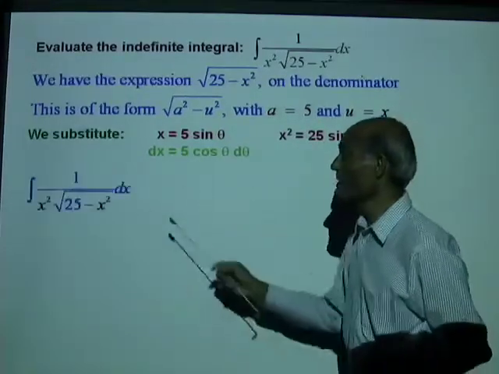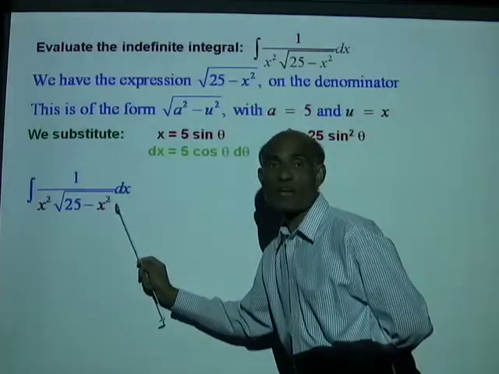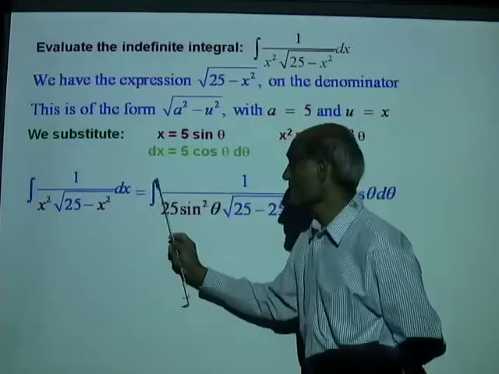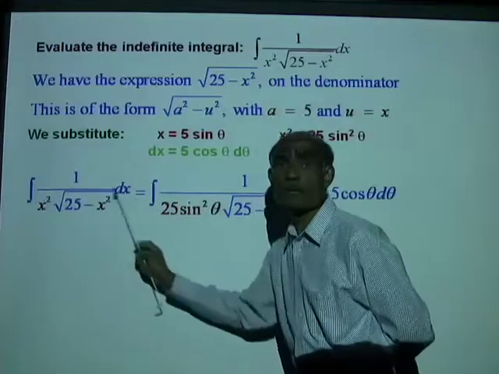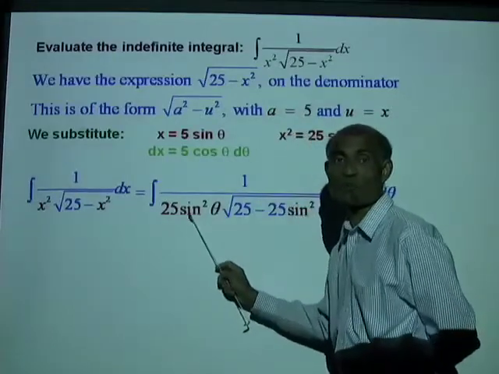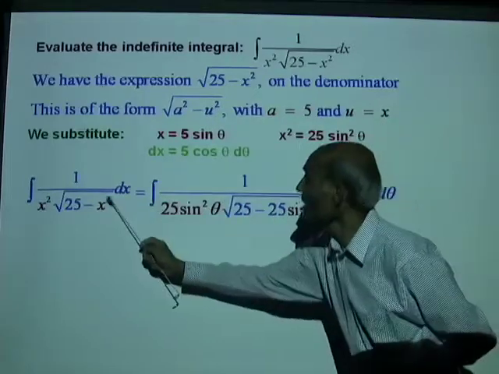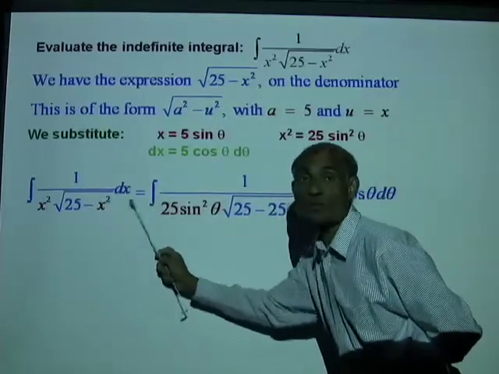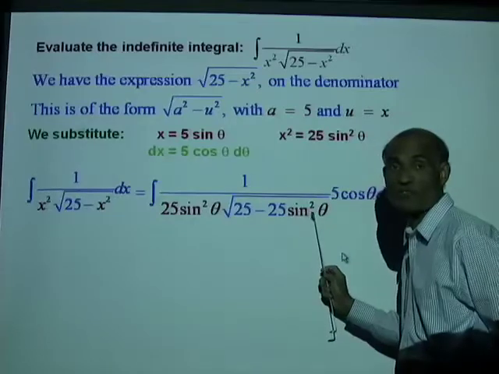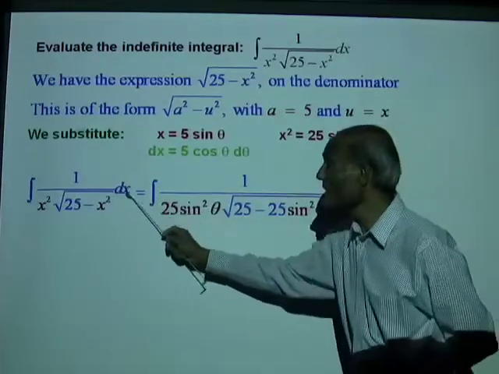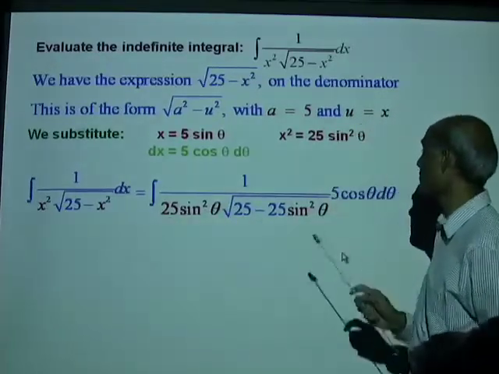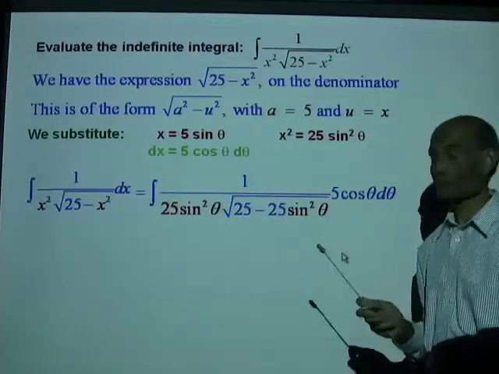Let's do that. So this integral now becomes the integral where x squared is replaced by 25 sine squared theta. The x squared inside the square root is replaced by 25 sine squared theta, and dx is replaced by 5 cos theta d theta.